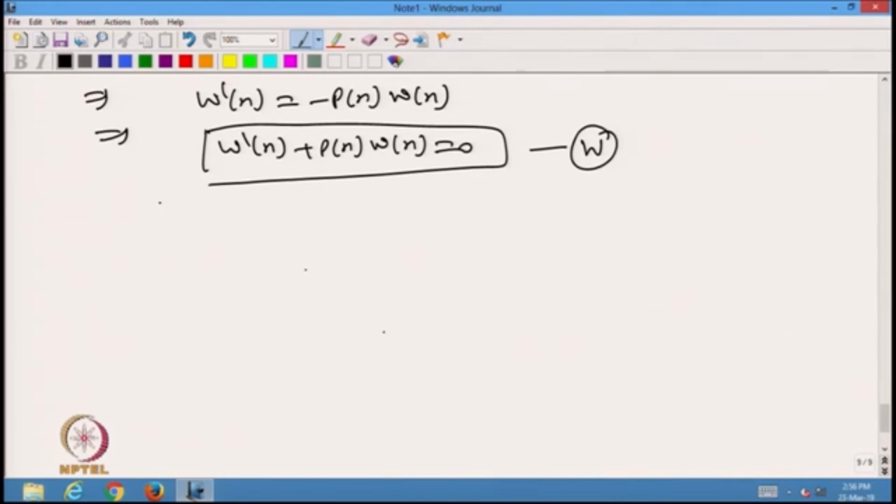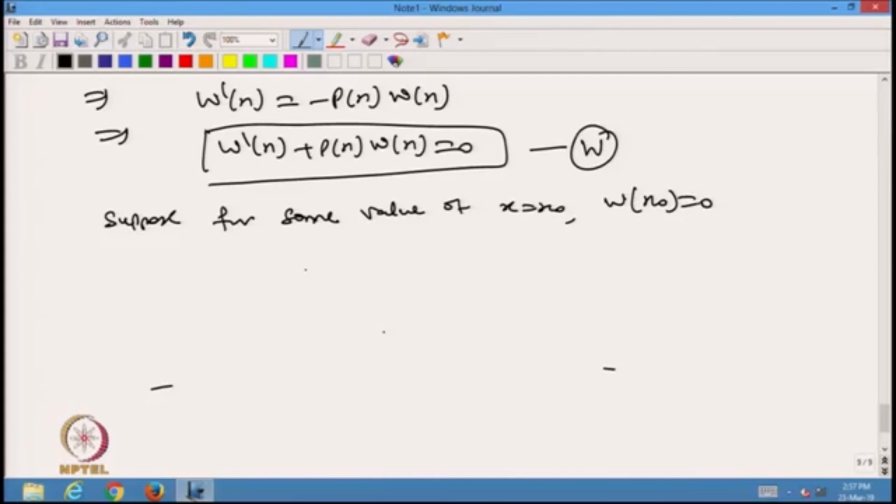Now suppose for some value of x equal to x naught, my Wronskian is 0.